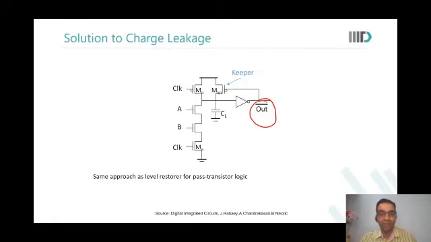Yeah, that's the primary purpose. See, the functionality is only to recover the leakage charge, so you don't need much current anyway. Another constraint is that you do not want it to fight back the forward path. So you keep it small. Both constraints lead you to keeping this keeper as small as possible.